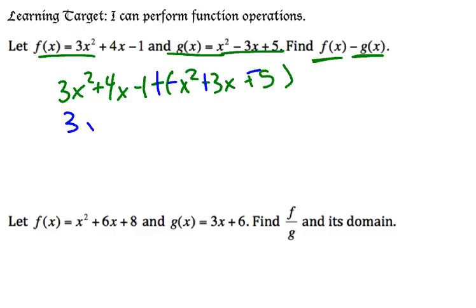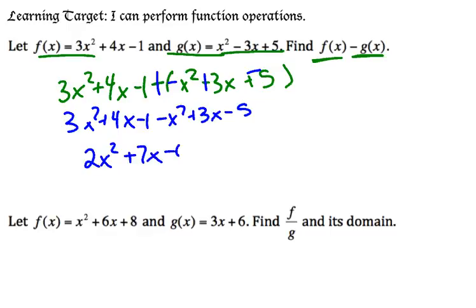Now I have 3x squared plus 4x minus 1 minus x squared plus 3x minus 5. Combine your like terms: 3x squared minus x squared gives you 2x squared plus 7x minus 6. And that's all they want. You're not writing any zeros, you're not factoring, anything like that. You are done.